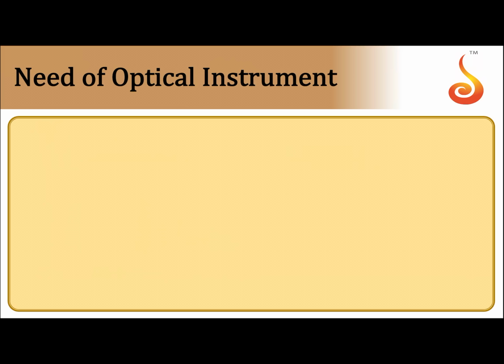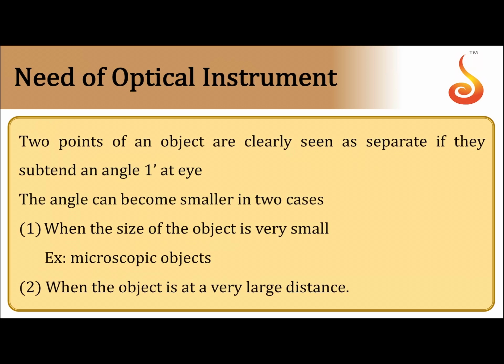Second, it will produce magnification. It will make the object look bigger by increasing the visual angle. Third, it will enhance the resolution. It helps us to see better. It will give you better details than seeing through the naked eye. So that is the need for an optical instrument.